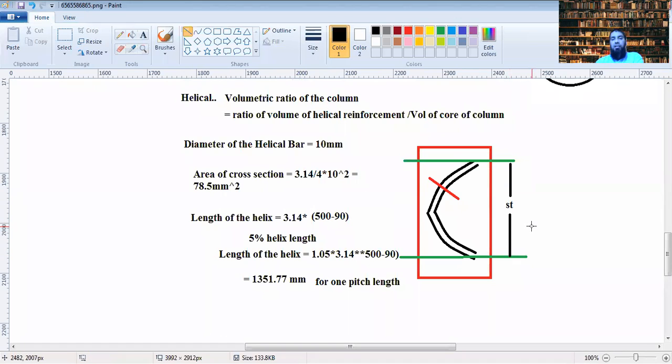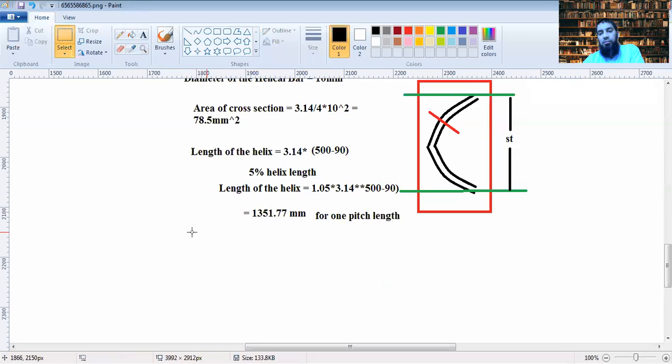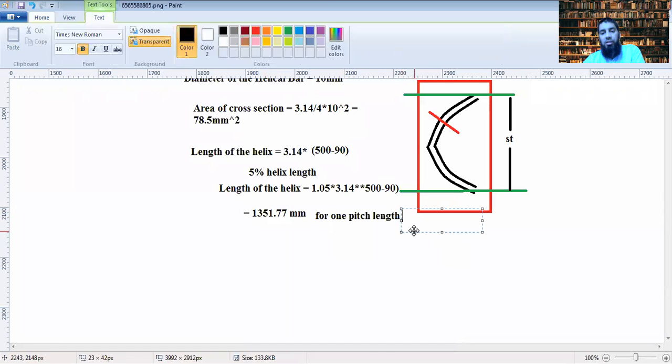We designate it by St. This is the pitch length. So for one pitch length, or you can say St.